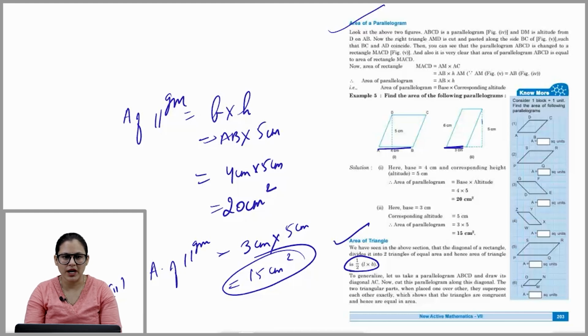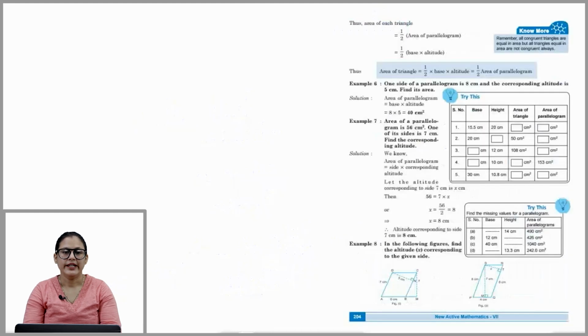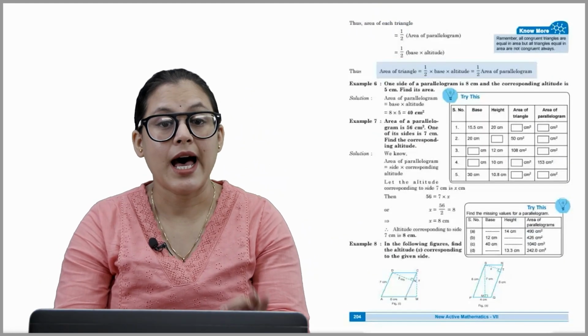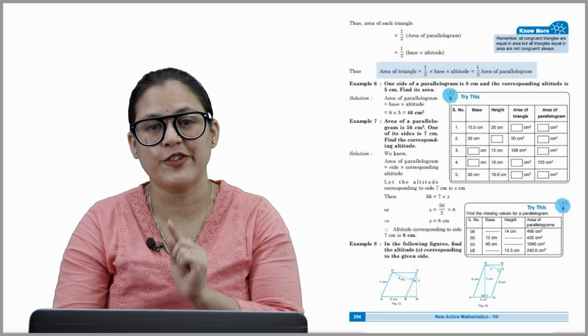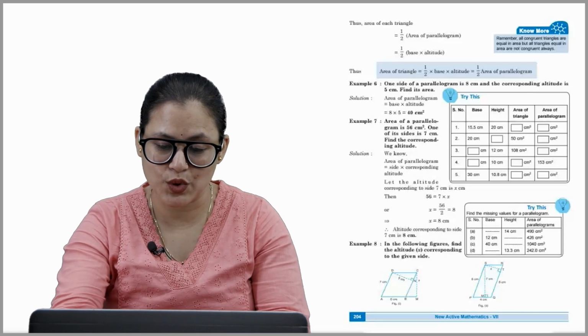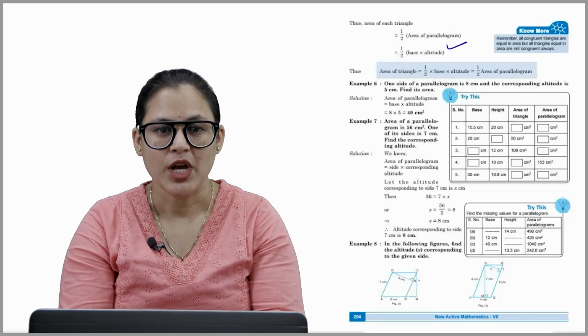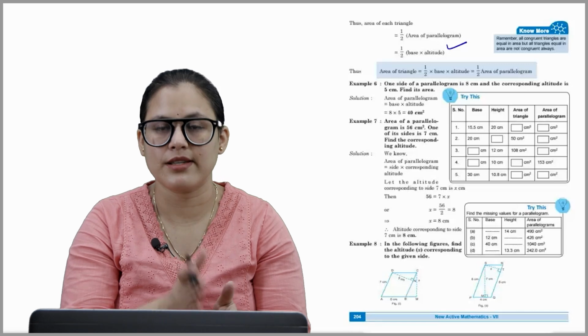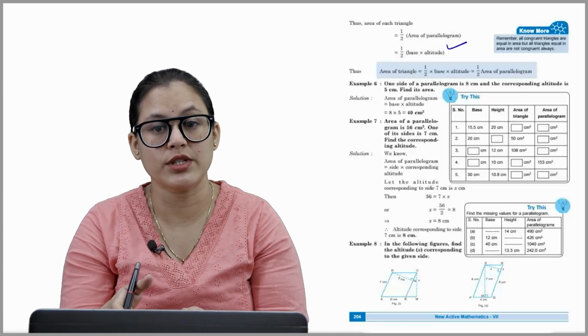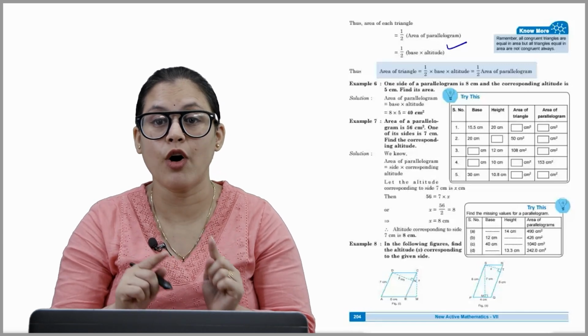The two triangular parts, when placed one over other, superpose each other exactly, which shows that the triangles are congruent and hence are equal in area. The area of each triangle is half into area of parallelogram, that is half into base into altitude. So area of triangle, that is half into base into altitude, is equals to half area of parallelogram.